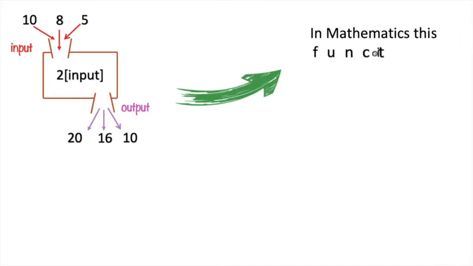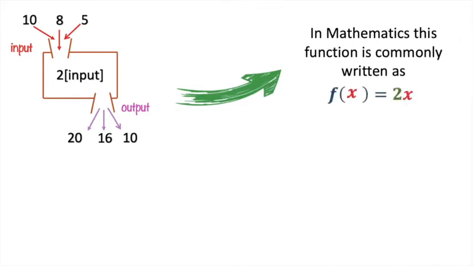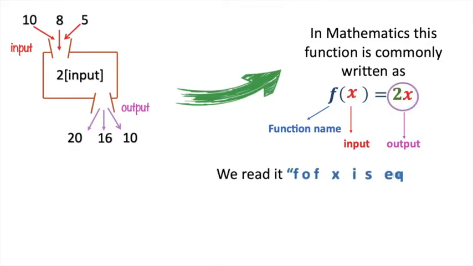In mathematics, this function is commonly written as f(x) = 2x, where f is the function name, x is the input, and 2x is the output. And we read it, f of x is equal to 2x.